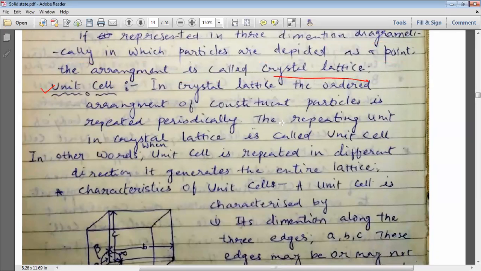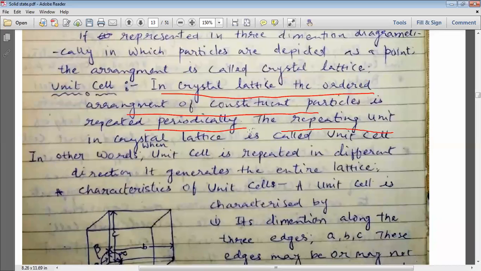Now we want to study the unit cell, my dear students. In the crystal lattice, the ordered arrangement of constituent particles is repeated periodically. The repeating unit in a crystal lattice is called the unit cell. This unit cell is just the arrangement of particles which is repeated in the solid state.